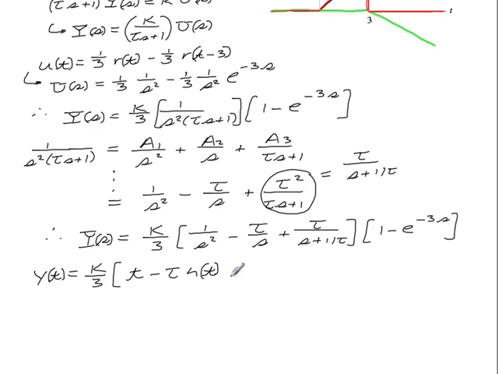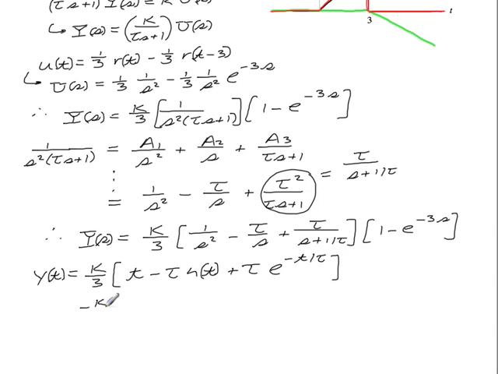And then we have tau times the inverse Laplace of 1 over s plus 1 over tau, which gives us tau e to the minus t divided by tau. So that's our unshifted term.